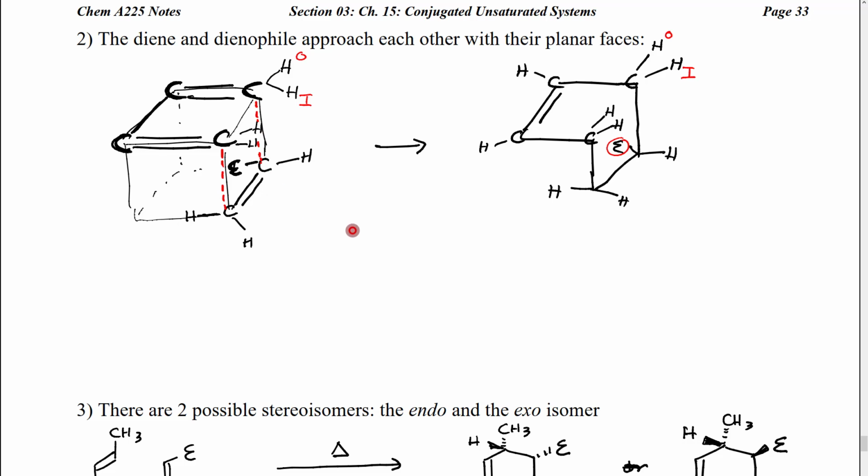Now the way that I've come up with representing this in 3 dimensions is a little bit ugly, but if you sketch it, you may begin to see what I'm driving at. What I do is I draw a cube in 3 dimensions, with hidden bonds and everything. I put the 4 carbons of the diene on the top face of the cube, on each of the corners.